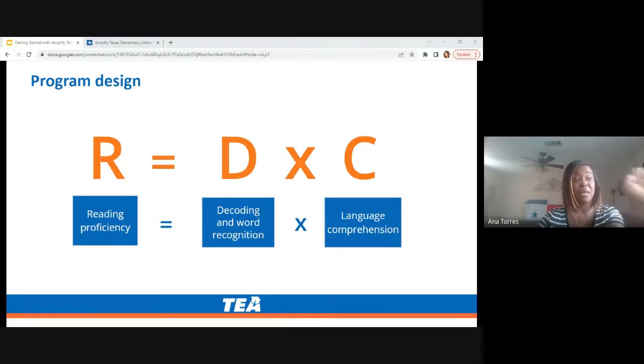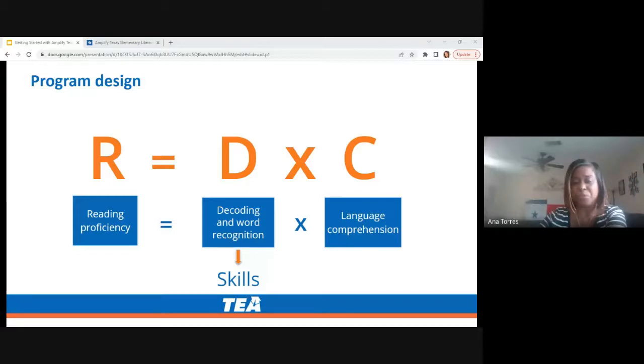What we'll be looking at specifically in this session is the decoding and word recognition, also known as the skill strand, Habilidades y Destrezas curriculum.